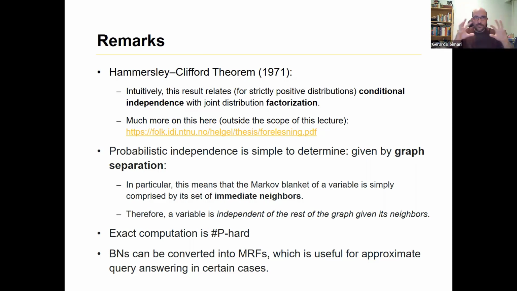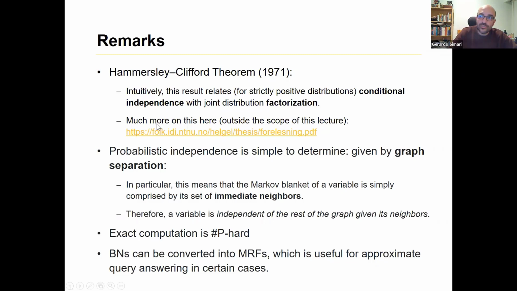So this property that I said was so great, that you can just have the Markov blanket be the neighbors of the nodes, it relates that property with the possibility of doing the factorization of the joint distribution, the same way I did for Bayesian networks. Remember where I had the alarm and the different factors of the joint distribution. That's a very important thing computationally, because otherwise, if it were just specified as a table, you would have to pay exponential space to store it and exponential time to query it. So no good.